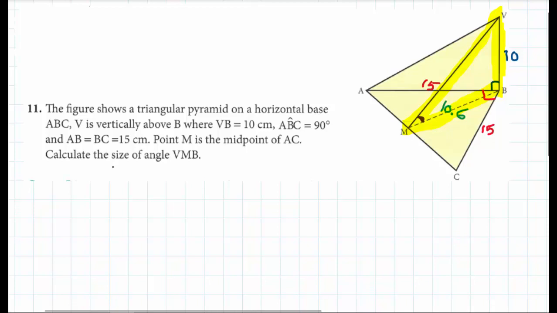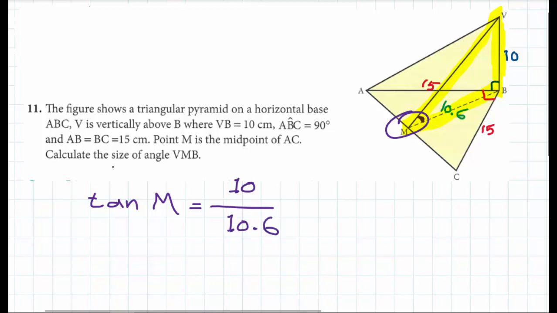Tan can cover opposite and adjacent. Now, tan of angle M, this is angle M this time, tan of angle M is equal to opposite, which is 10, over adjacent, which is 10.6. Now, angle M is missing.